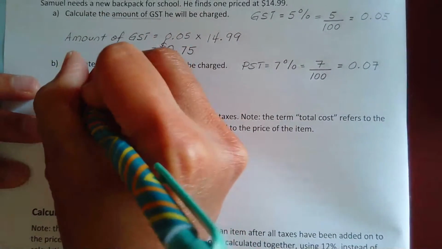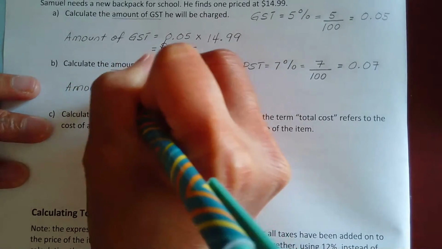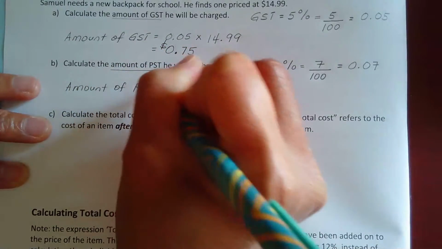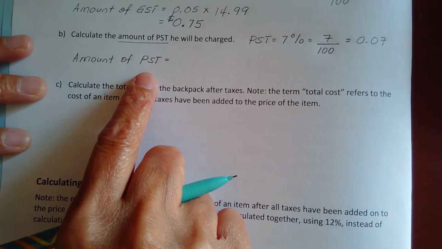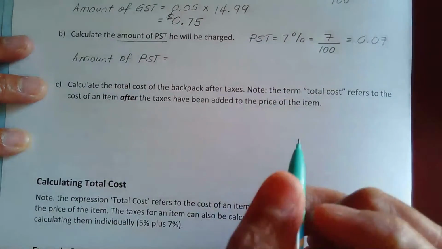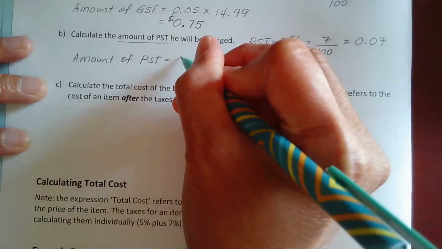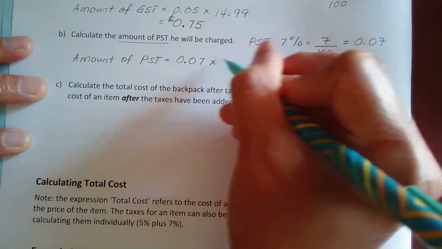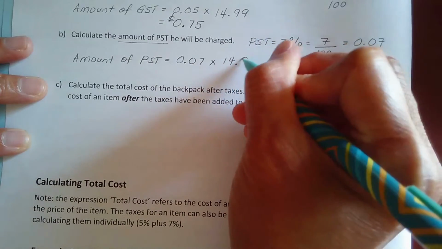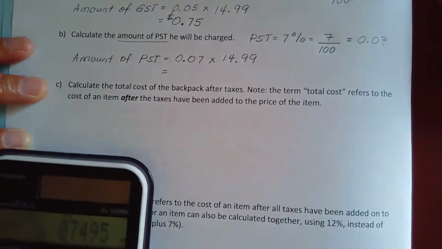For work, we want to calculate the amount of PST. How much do we have to pay towards the PST? That would be 7%, but instead of using 7%, we're going to use 0.07 times 14.99. Then we're just going to use our calculator.